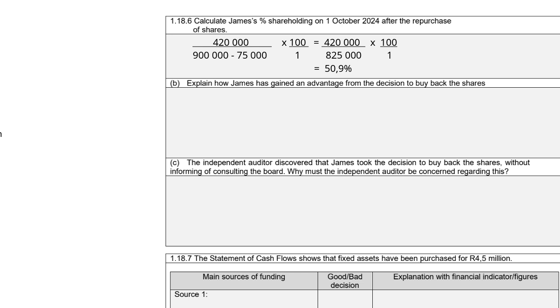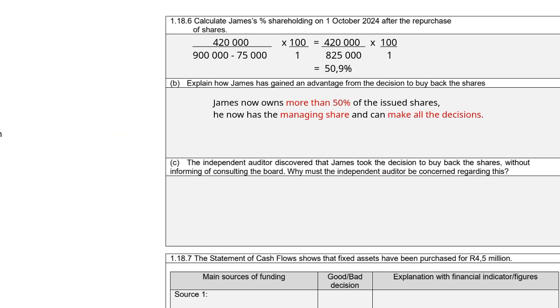Explain how James has gained an advantage from the decision to buy back the shares. James now owns more than 50% of the issued shares. He now has the managing share and can make all the decisions. The independent auditor discovered that James took the decision to buy back the shares without informing or consulting the board.